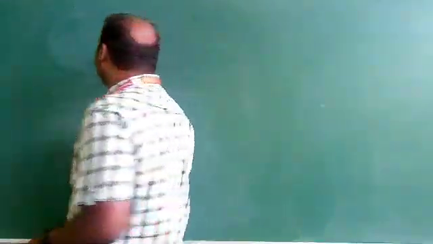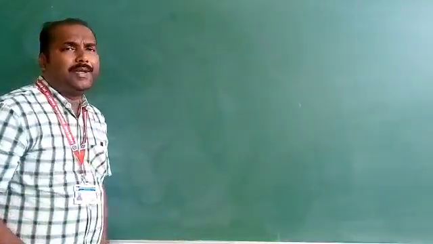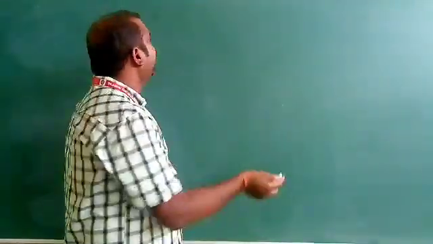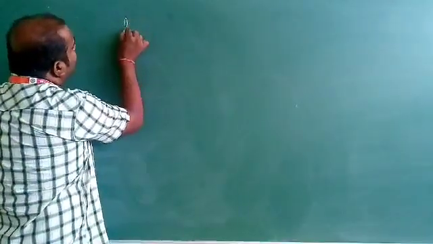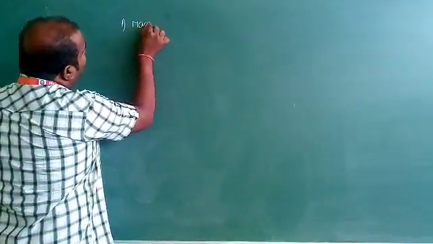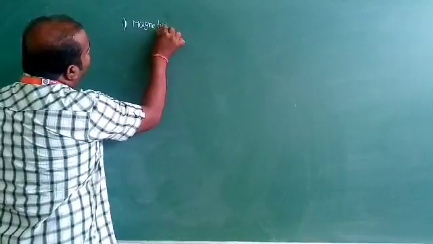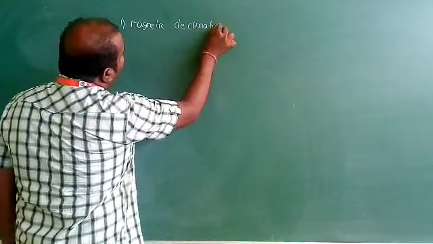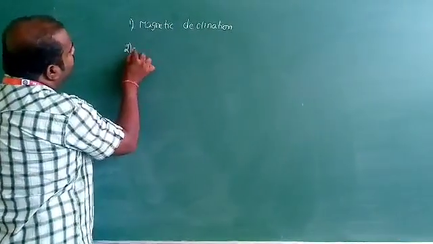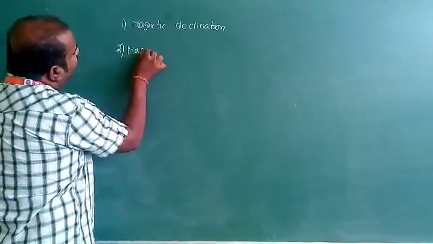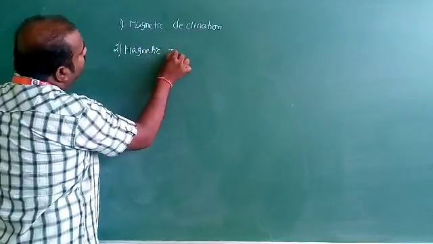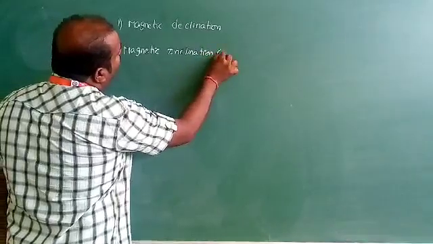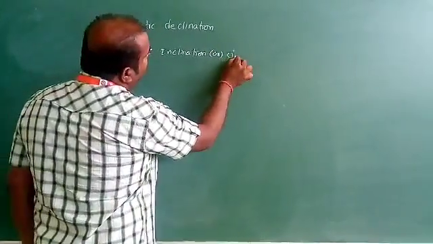Now, before going to the study of the magnetic field of Earth, we need three important elements. What are the important elements? The first one is magnetic declination, and the second one is magnetic inclination, or it is also called dip.